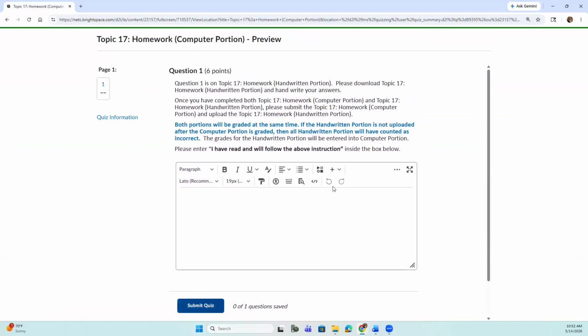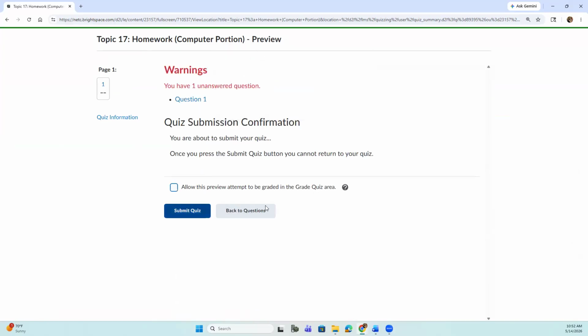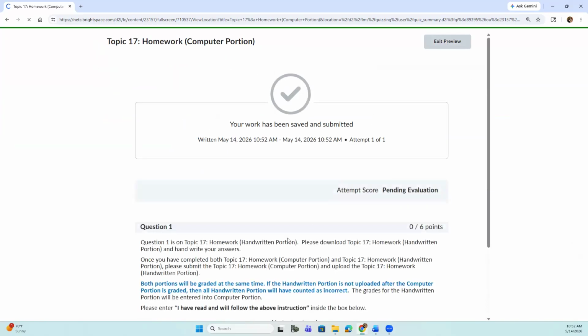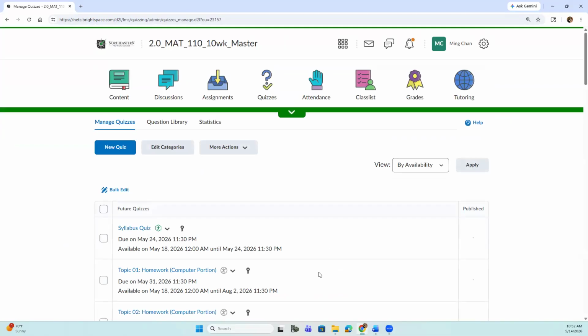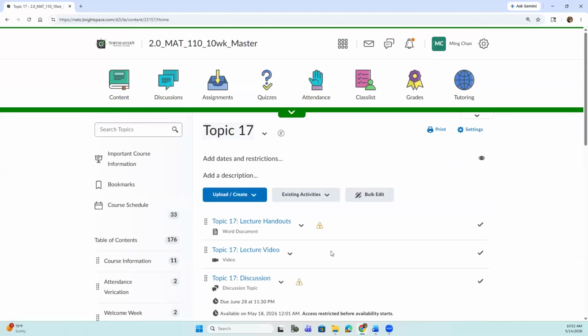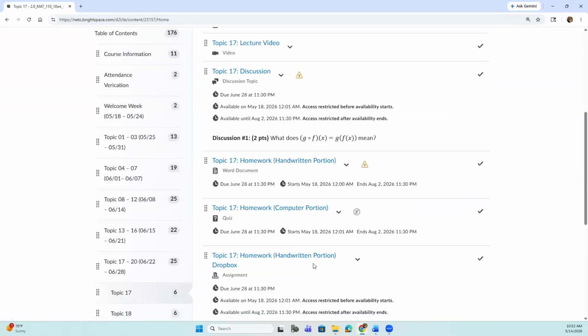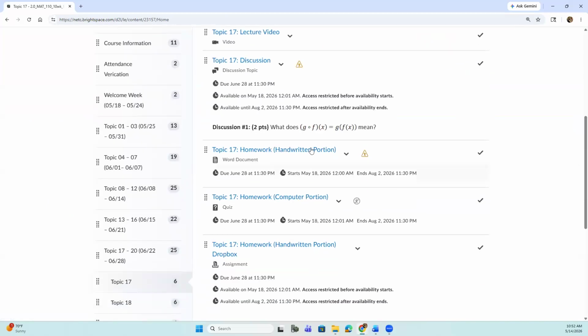When you complete both parts of the homework, make sure you upload the handwritten portion into the Dropbox, and then also submit the computer portion. I will be grading both portions of the homework at the same time because the grades for the handwritten portion will be entered within the computer portion.